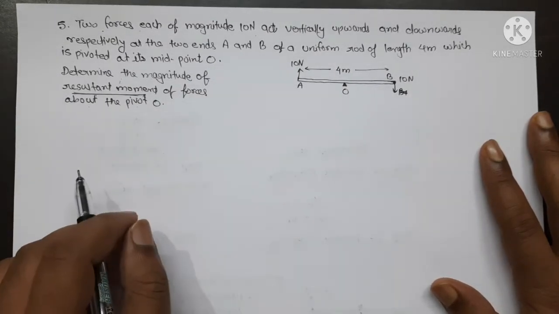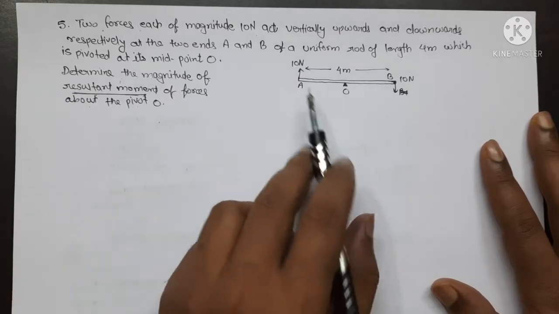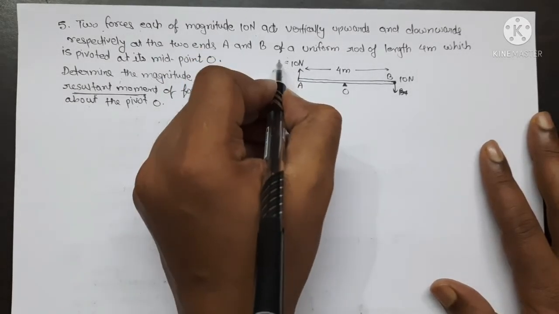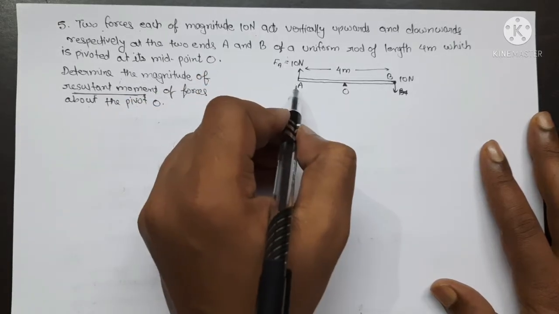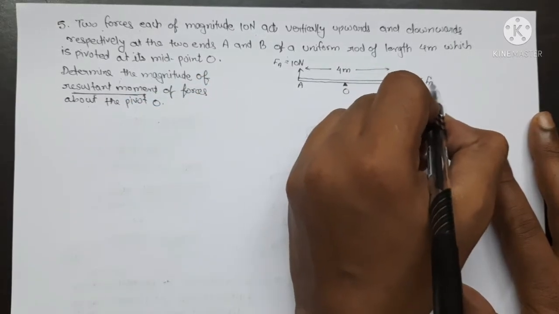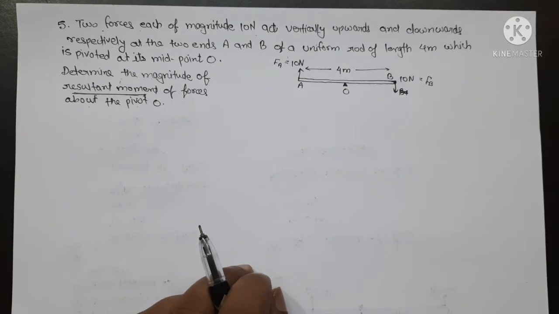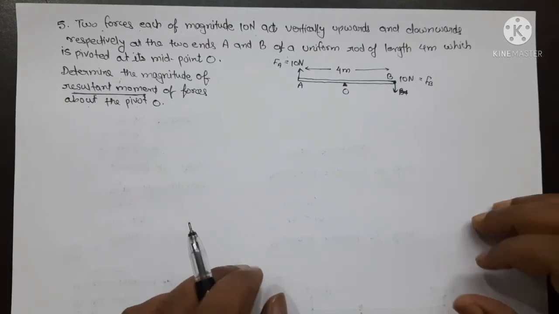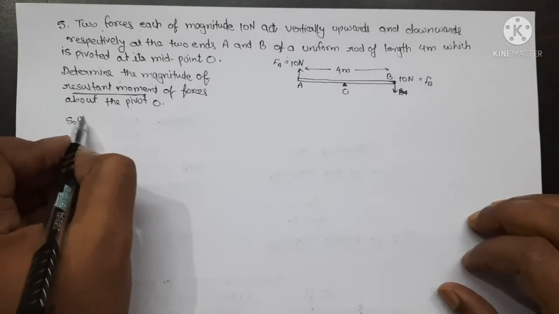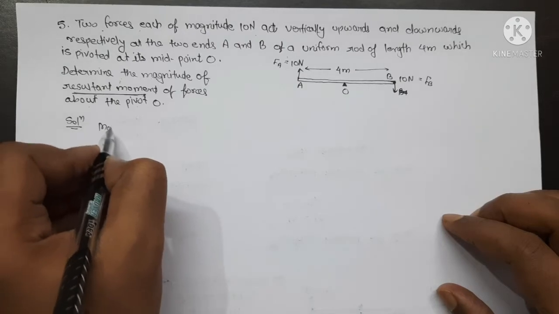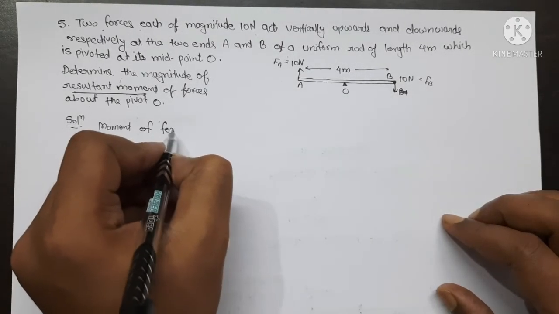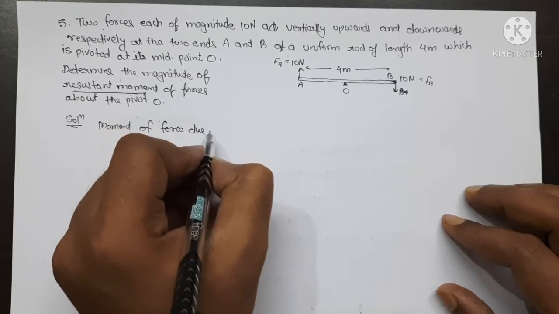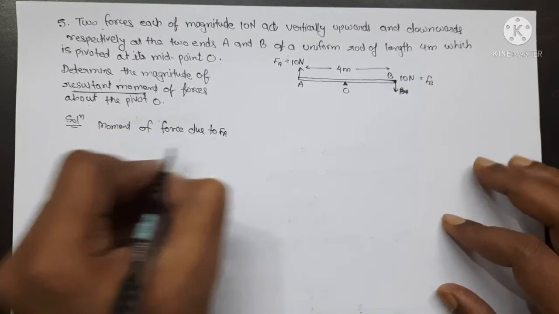So again we will find the moment of force due to these two forces. Let's say this is force F1, or you can say FA, because it is acting on A, and this is the force FB, which is acting at point B. Now the moment of force due to FA.